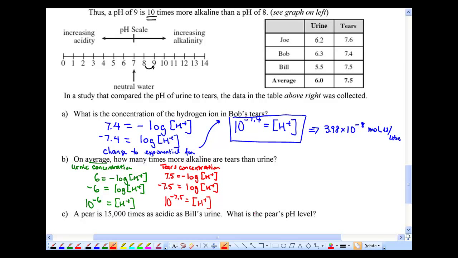And then to compare how many times more alkaline are the tears than the urine, we just need to find a ratio.